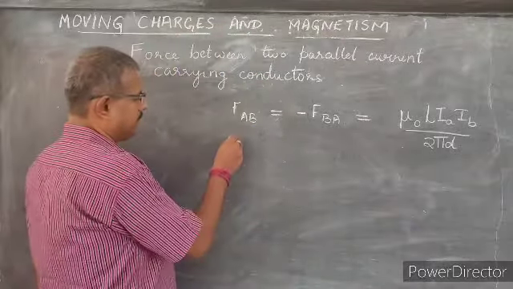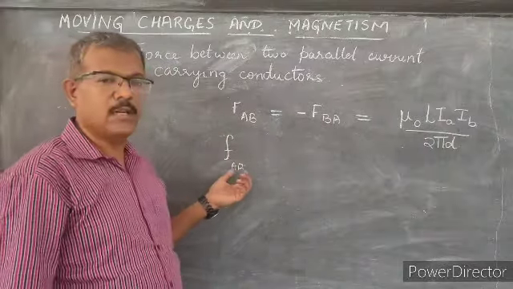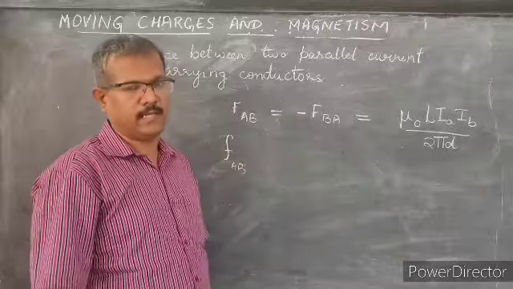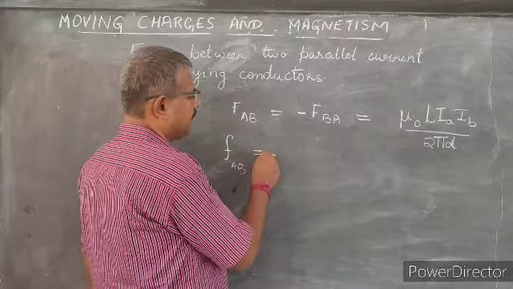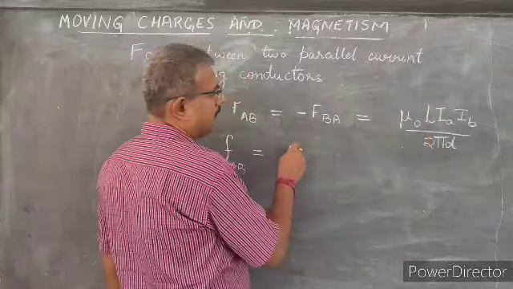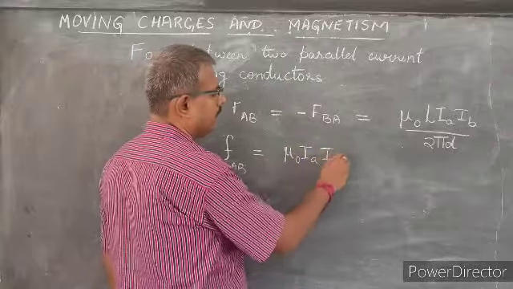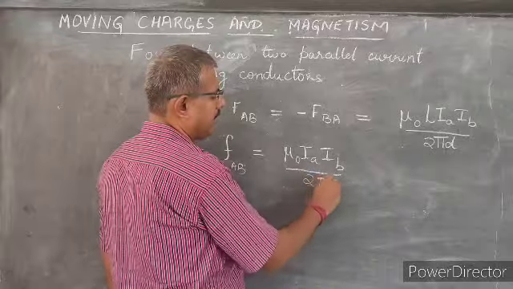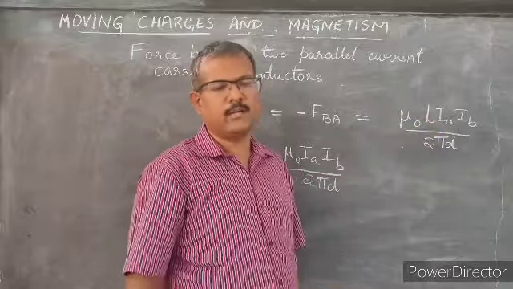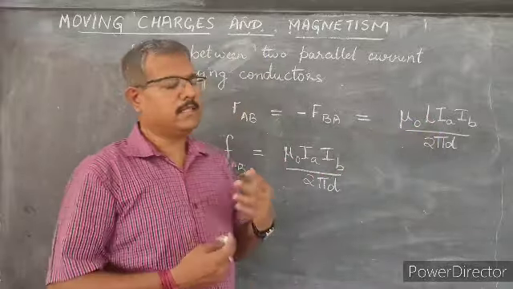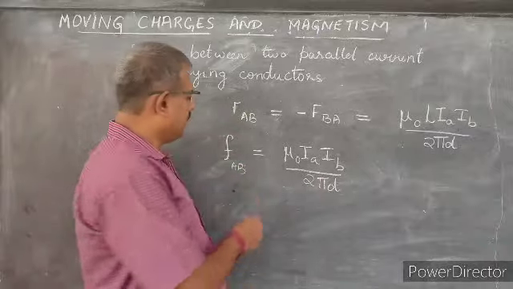Now, if I were to represent small f_AB to be the force per unit length of the conductor due to the magnetic field of B, then this right hand side expression reduces to mu naught Ia Ib by 2 pi d, because the L and L cancel out each other, because I am taking this expression to be per unit length. So this becomes my expression.